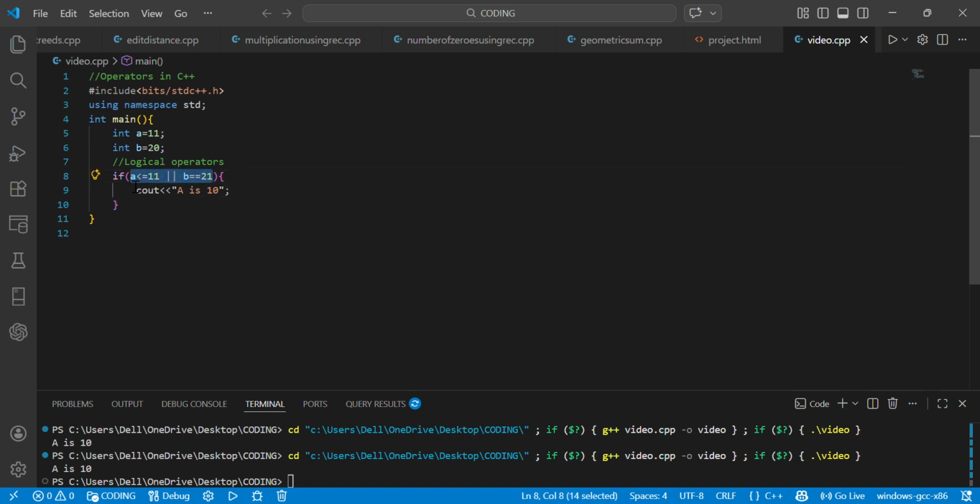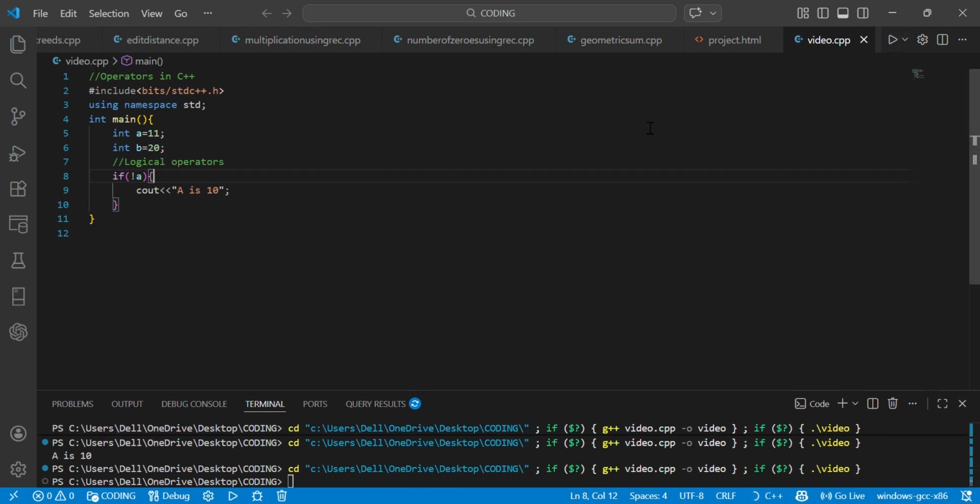Another is logical NOT. If not of a, then cout a is 10. I will explain it. So what is this not of a? Not of a means if a is any positive integer, it will convert it into 0, and 0 means the statement is not true and it will not go into if statement.